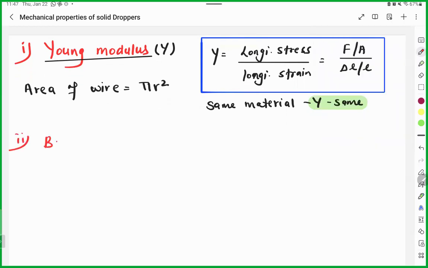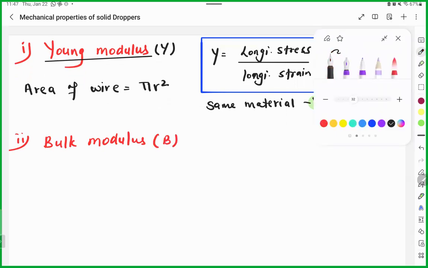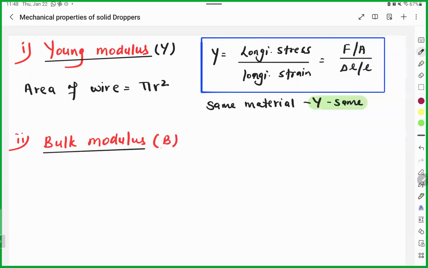Second, bulk modulus. You do get questions from the bulk modulus of elasticity also. And in your chapter of waves, you have bulk modulus as well. In this bulk modulus, you have stress upon volumetric strain. So stress will be equal to force upon area.